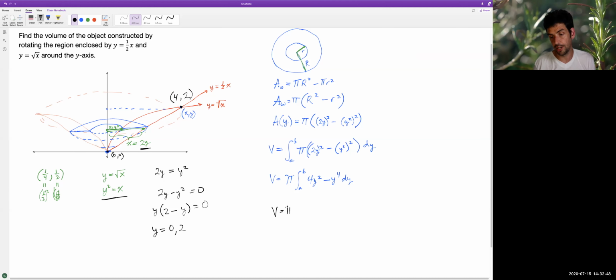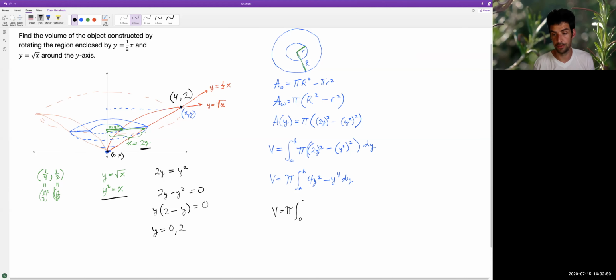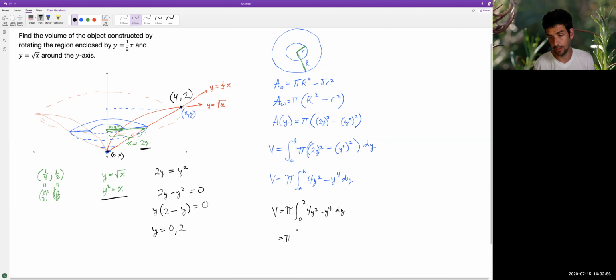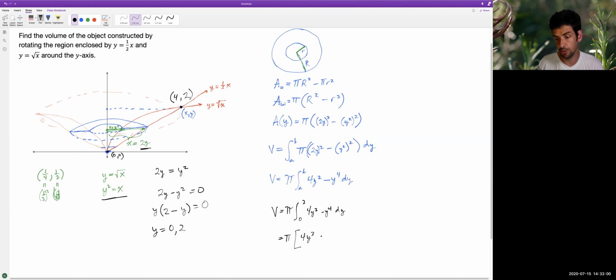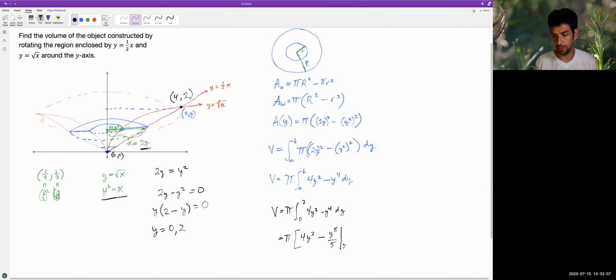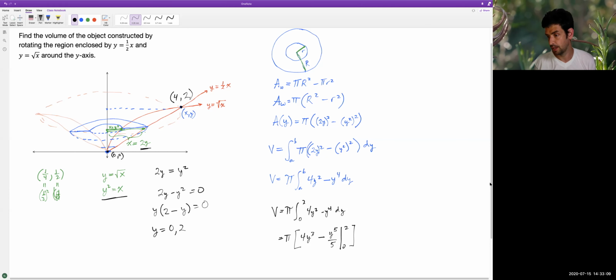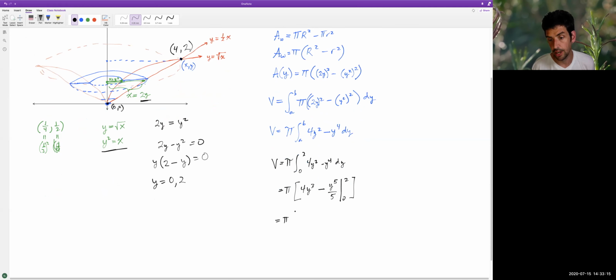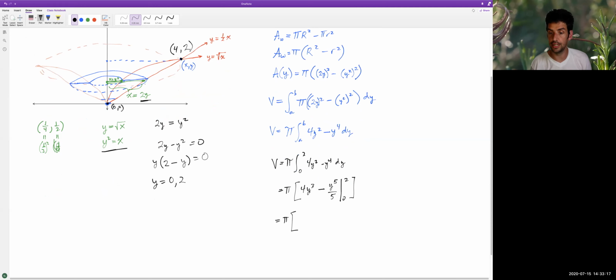So let's go ahead and compute the integral. We're going from 0 to 2, 4y squared minus y to the 4th dy. This is pi times, we take an antiderivative. I'm going to get 4y cubed minus y to the 5th over 5. Evaluating this from 0 to 2. This is nice. The 0 is going to go away. And so we'll put 2 in here.